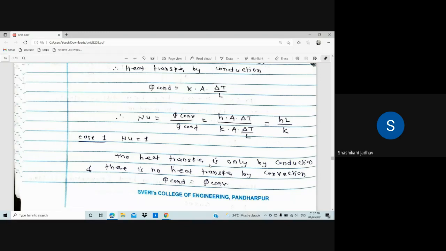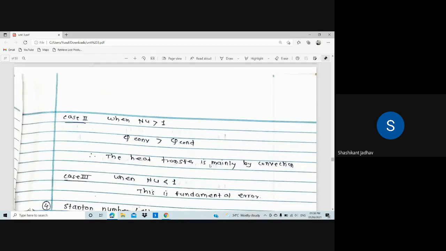Therefore we have to write down Q conduction is equal to Q convection.